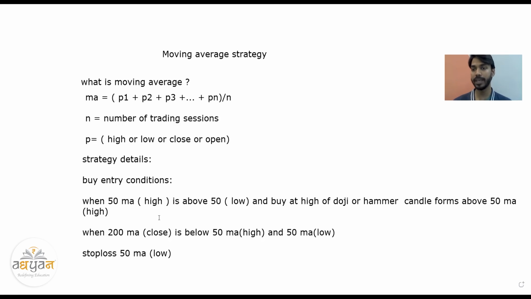You have to buy at the high of the doji candle or the hammer candle, and the stop loss is nothing but the 50 moving average low. So these are the buy entry conditions.